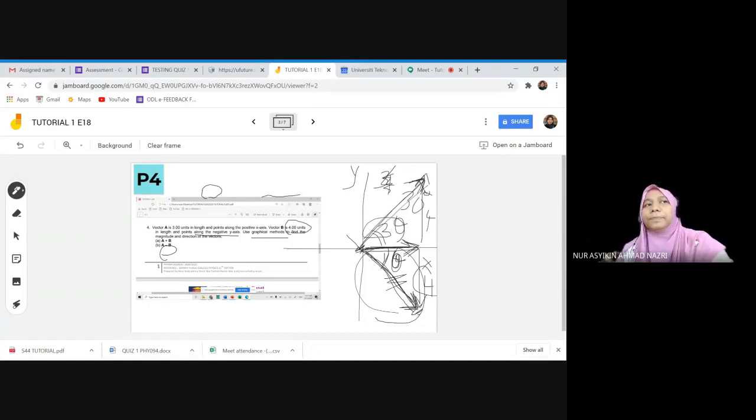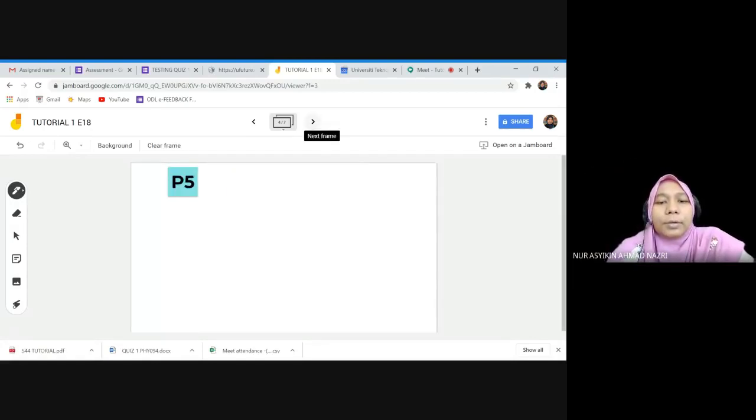Ataupun dengan cara, ataupun gunalah yang apa? 30 degree north of east pun boleh. That's how you present your angle. Please don't simply tulis your angle macam tu saja. Okay, boleh ataupun below horizontal, above the horizontal pun okay. It still can be understood.